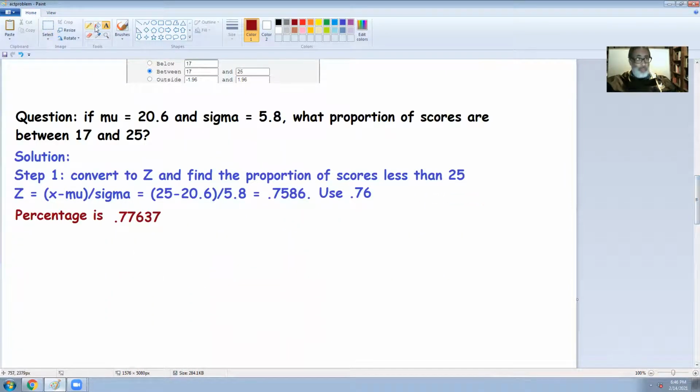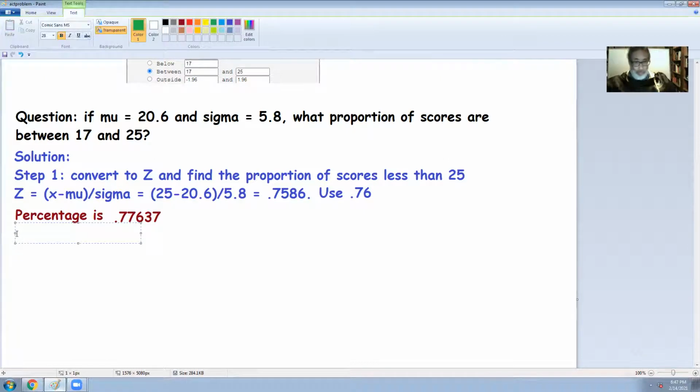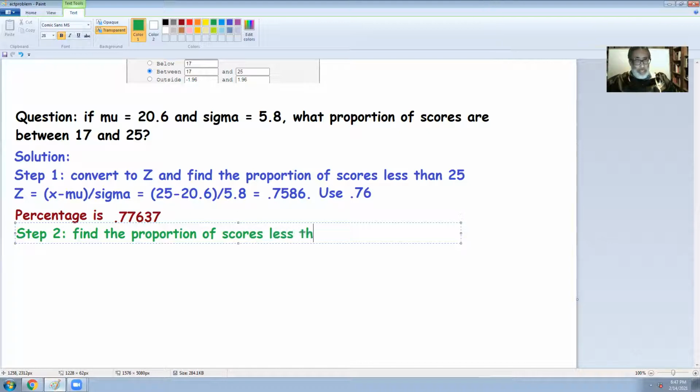So step 2. We'll do a different color here. Find the proportion of scores less than 17. Same thing. Z equals x minus mu divided by sigma, which is equal to 17 minus 20.6.